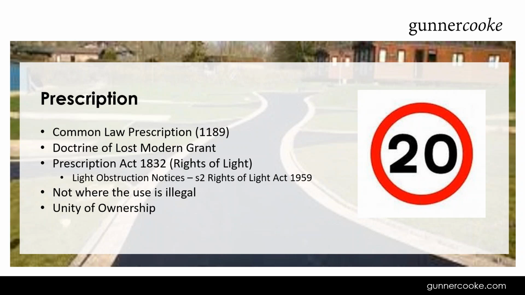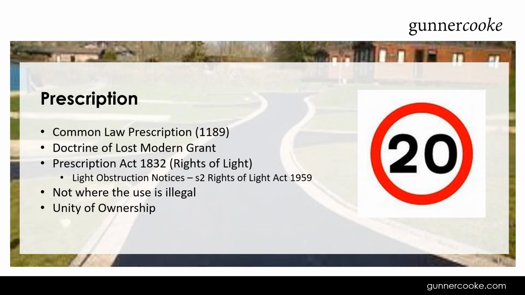So what Section 2 allows you to do is to serve a notice, put up a light obstruction notice, and what that effectively does in law is it creates a barrier, not a physical barrier, a legal barrier, to say that the right to light is not continuing to accrue. They're very, very useful things to use when you're clearing off sites for development, or if perhaps you've got a brownfield site which has had development nearby and you don't want rights to be acquired while you're deciding what you do with that piece of land.